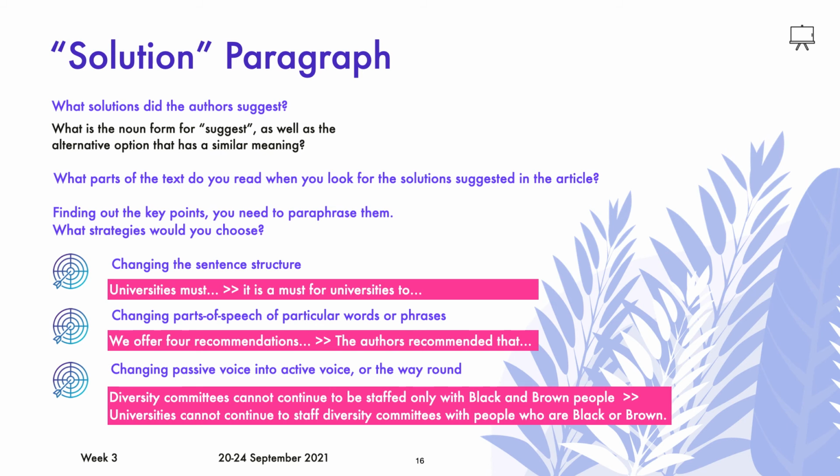So you may want to paraphrase it into something like universities cannot continue to staff diversity committees with people who are black or brown. So these 3 strategies have one same purpose, which is to change the sentence structure as you paraphrase. Okay, so learn these strategies and it will take you miles.